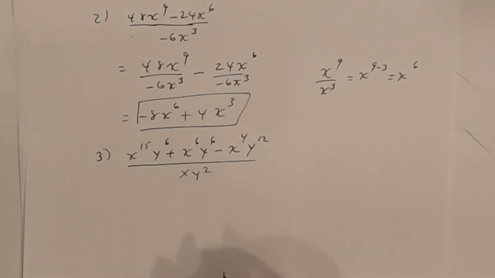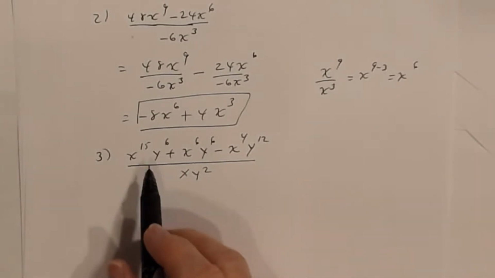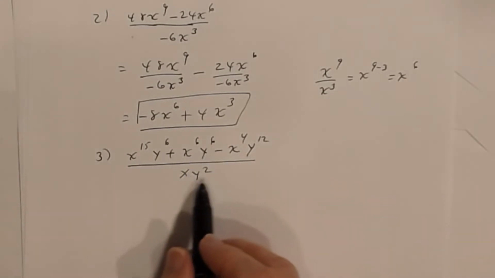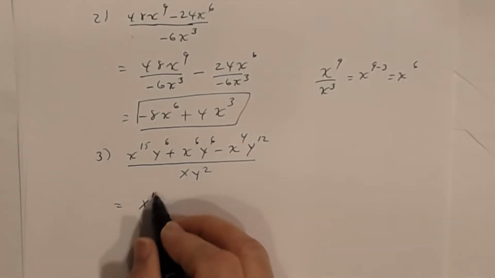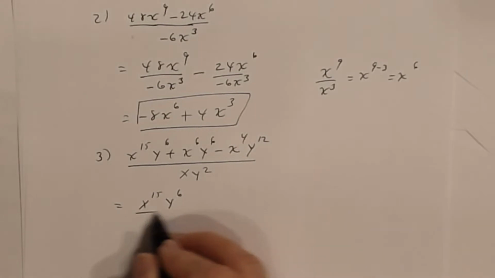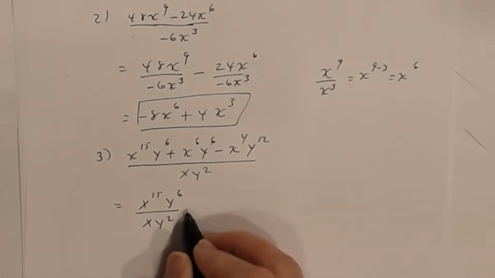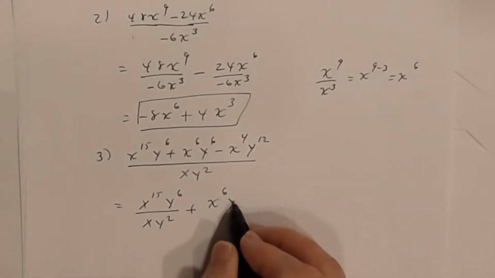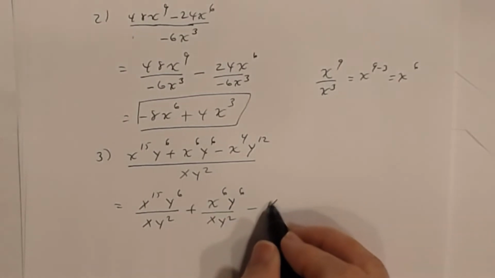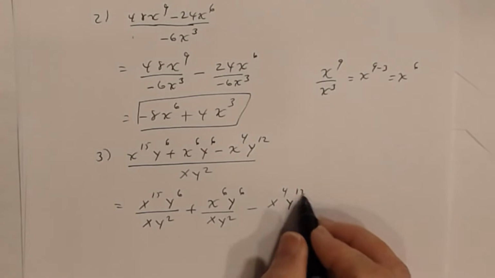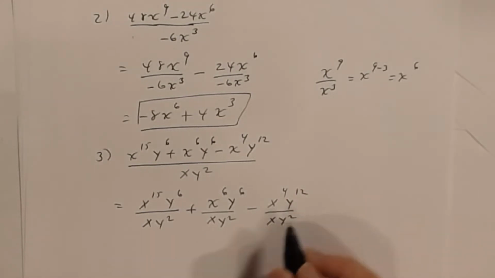Let's go ahead and take each term in the numerator divided by the monomial denominator. So that's x to the 15th y to the 6th divided by x y squared, plus x to the 6th y to the 6th divided by x y squared, minus x to the 4th y to the 12th divided by x y squared.